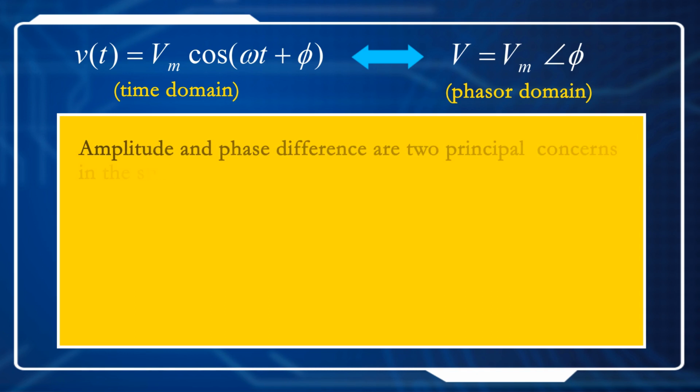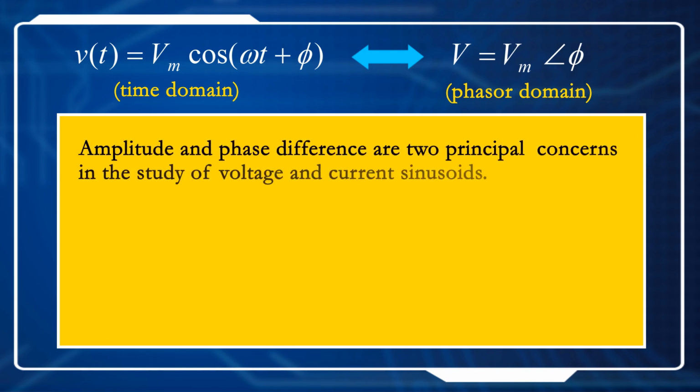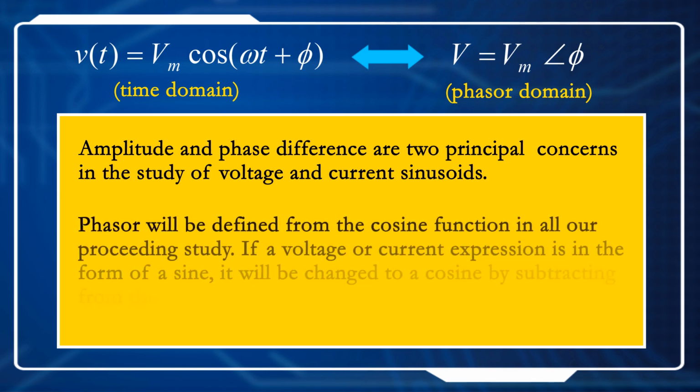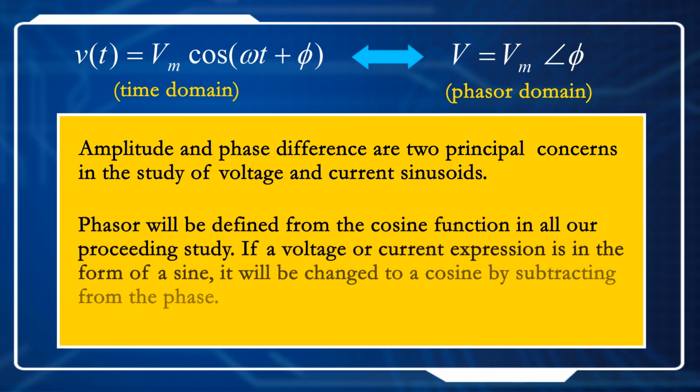Amplitude and phase difference are two principal constants in the study of voltage and current sinusoids. And phasor will be defined from the cosine function in all our preceding study. If a voltage or current expression is in the form of a sine, it will be changed to a cosine by subtracting 90 degrees from the phase.